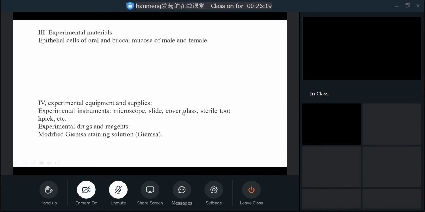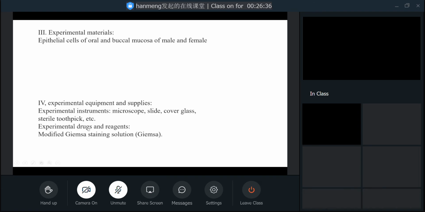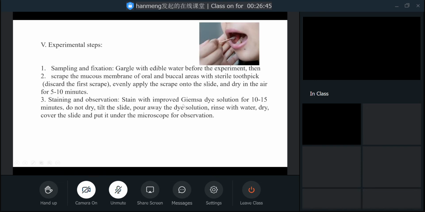Because we should get the epithelial cells of a male or female from the mouth, we need the sterile toothpick. And the most important experiment reagent is the Giemsa cell staining to see the Barr body.